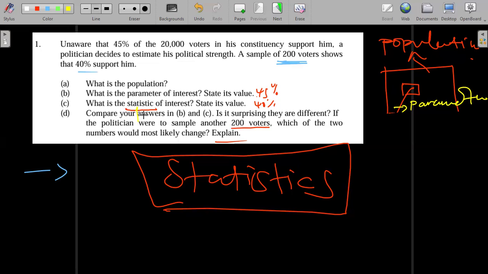Sir, please, come again on statistic. What's the definition? Okay, so statistic is a numerical value or a summary that tells you something about the sample. That's statistic without the S at the end. And then statistics is a field, like the course that you are taking.